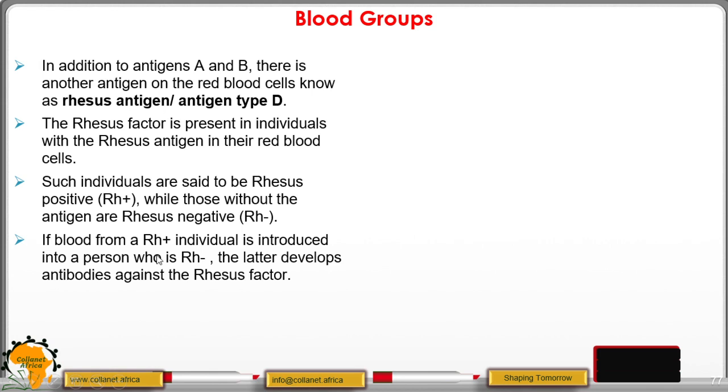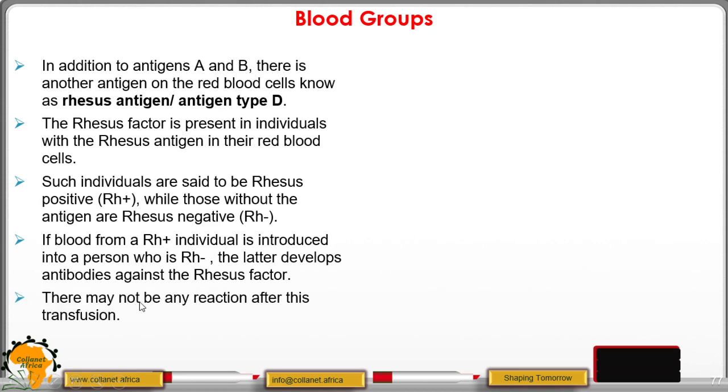In other words, if blood from a Rhesus positive individual is transferred to somebody who does not have the Rhesus factor, this Rhesus negative person develops antibodies, or the body responds against the Rhesus positive factor, because the body of this person is viewing it as a foreign material or as an antigen.